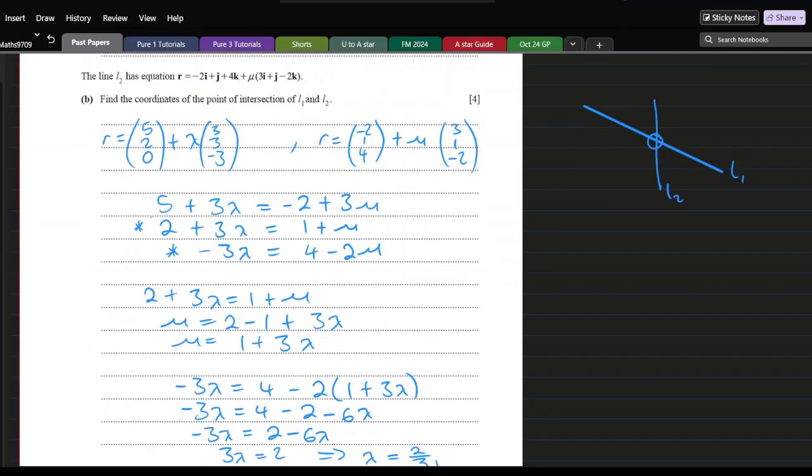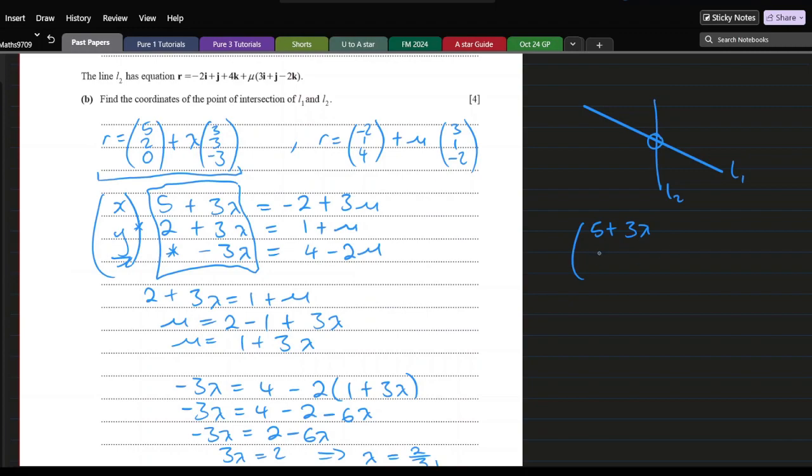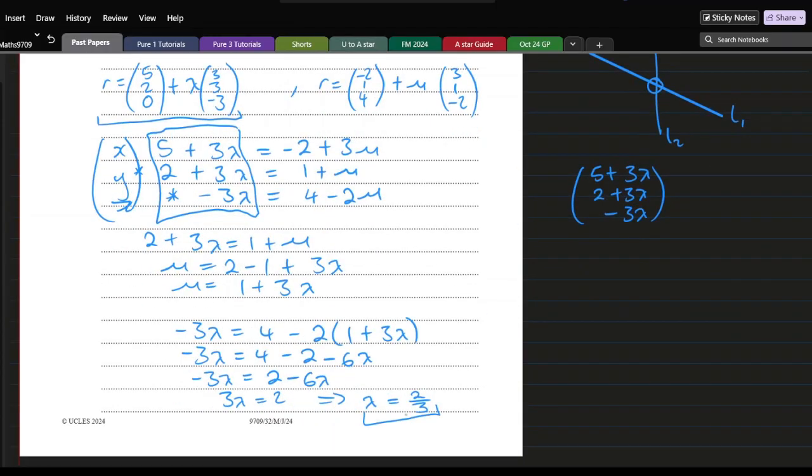Using the equation for L1, any general point is of the form 5 plus 3 lambda, 2 plus 3 lambda, and minus 3 lambda. These are the general coordinates for x, y, and z of any point that lies on the line. When we want to find a specific point on that line, we have to evaluate lambda for that point, and for our point of intersection, lambda must be equal to 2 over 3.